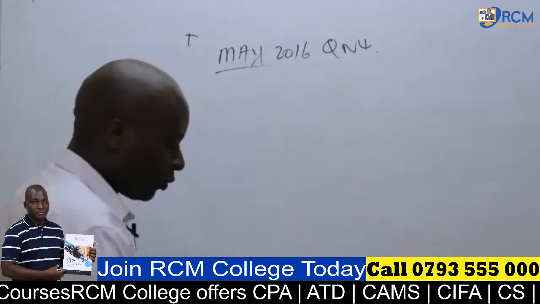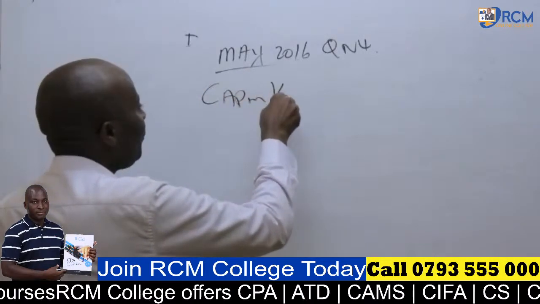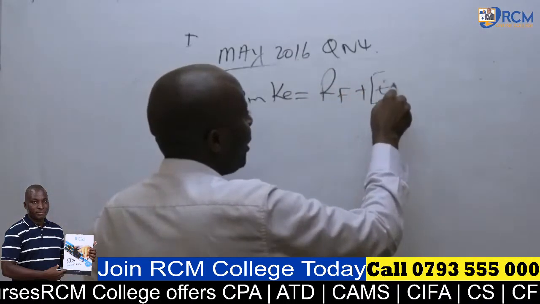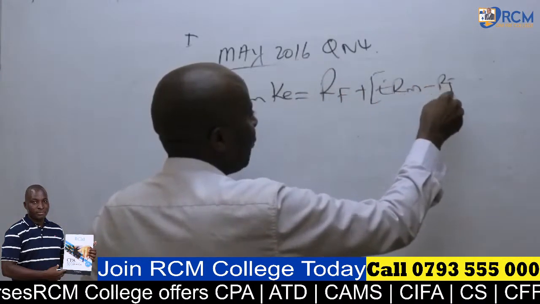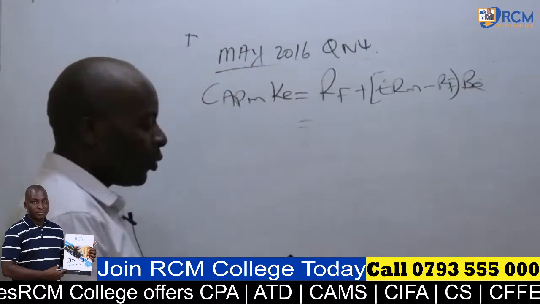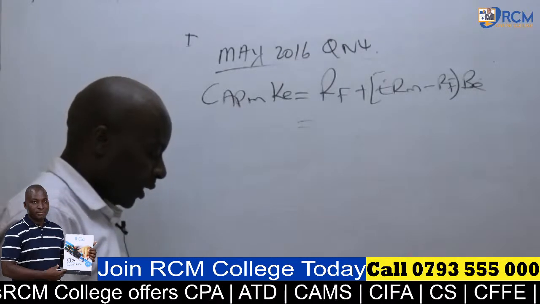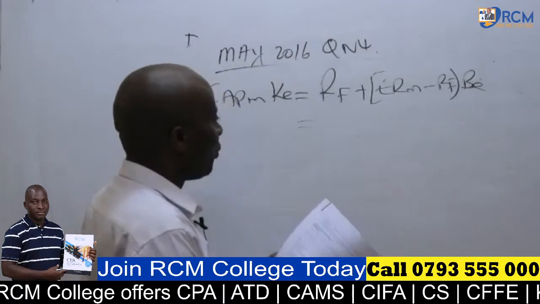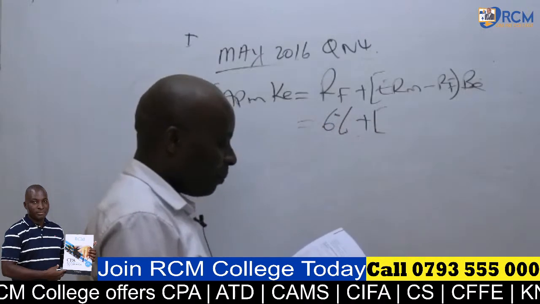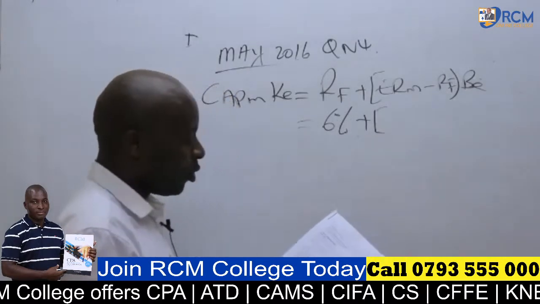To get CAPM's cost of equity, we'll take the risk-free rate plus (market return minus risk-free rate) multiplied by beta equity. If you look at this question just before the required, our risk-free rate of return is 6% plus, in brackets, market returns. Market returns again in this sentence just before required.